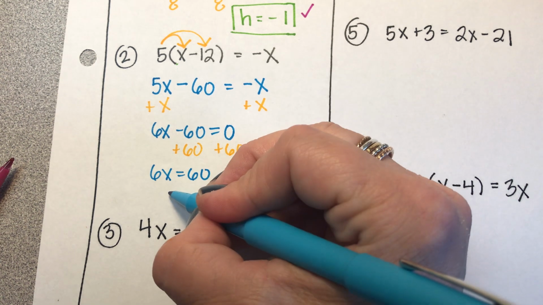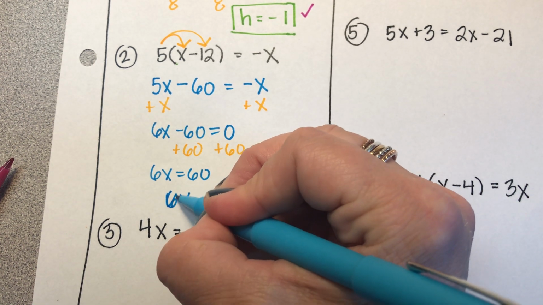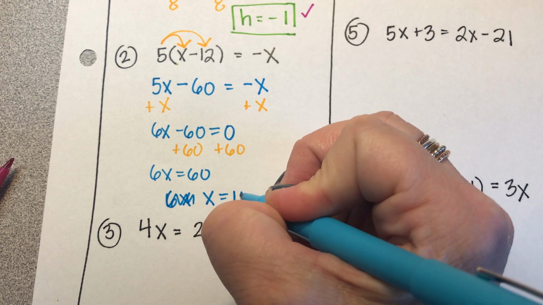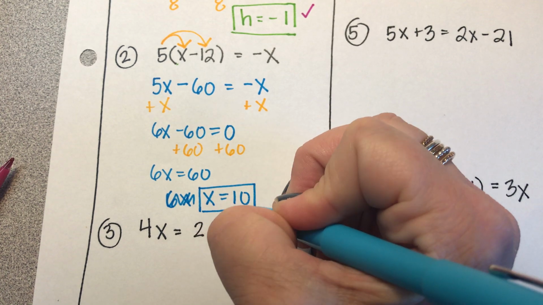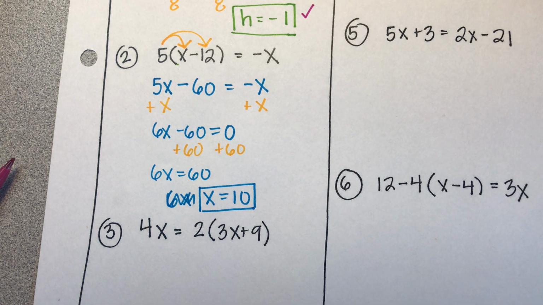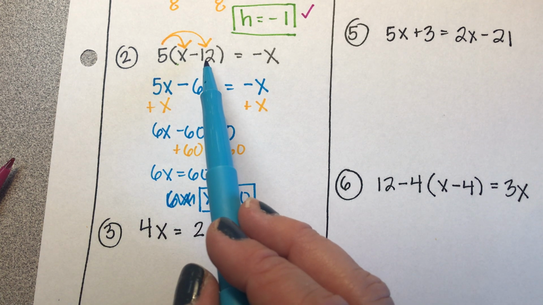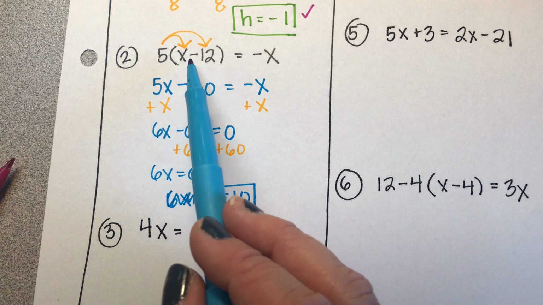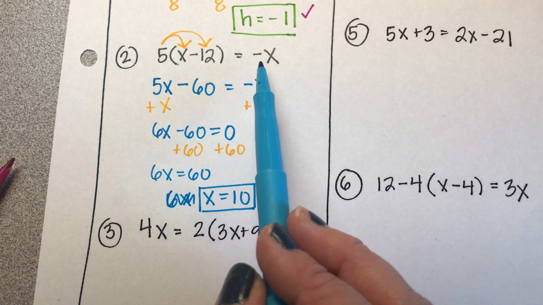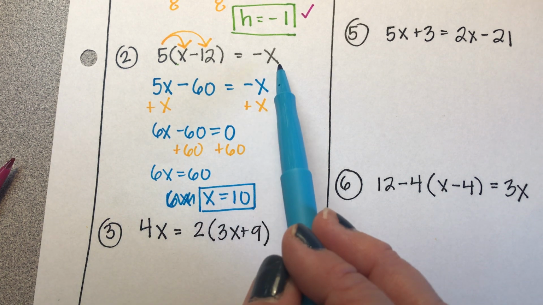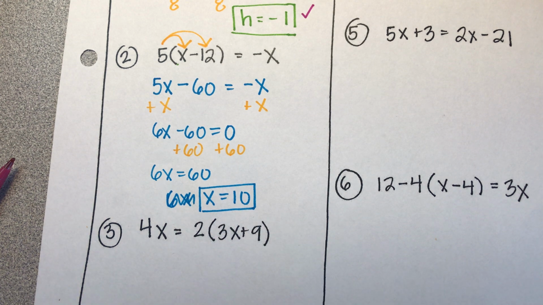And then when you divide by 6, x would equal 10. And look, if I put it in here, 10 minus 12 is negative 2. 5 times negative 2 is negative 10. That should equal negative x, negative 10.